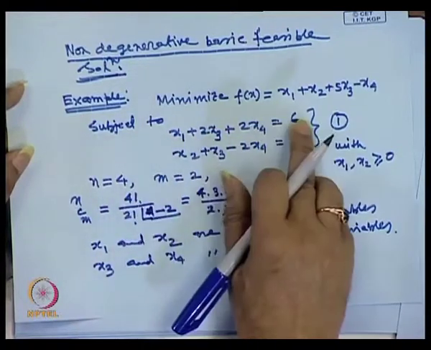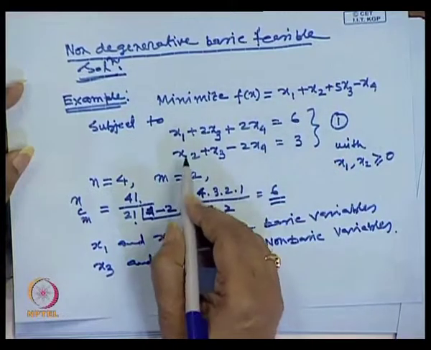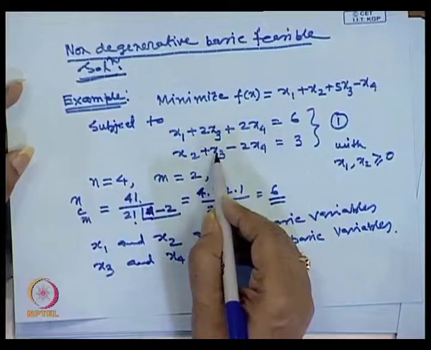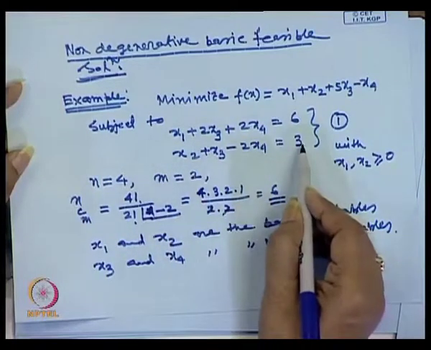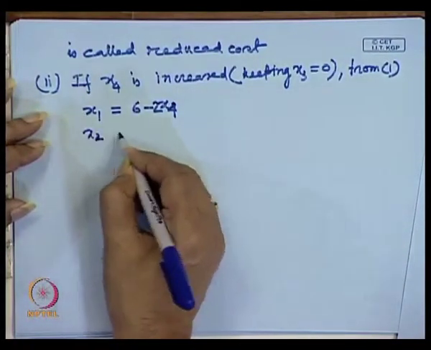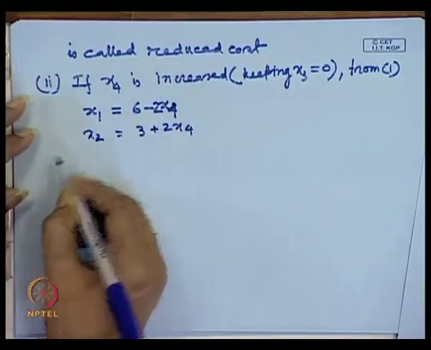So x1 is equal to 6 minus 2x4. Similarly, here you see x4 is non-zero, x3 is 0. So x2 will be 3 plus 2x4. Then what is our cost function?